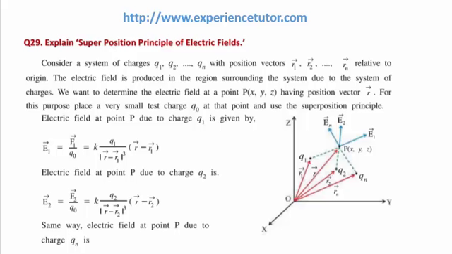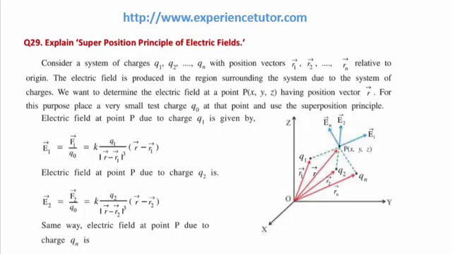We want to determine the electric field at a point P, x, y, z having a position vector r. For this purpose, place a very small test charge Q0 at the point and use the superposition principle.